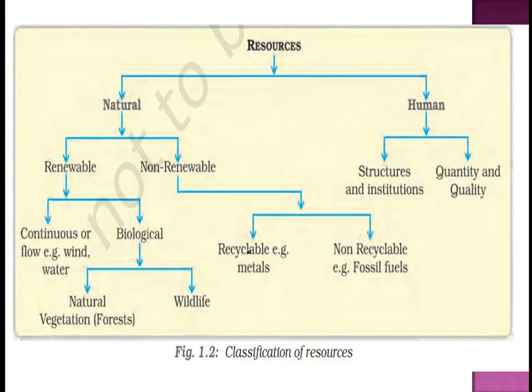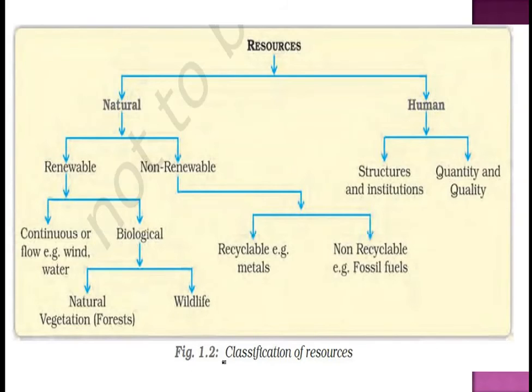Non-renewable, in that they are recyclable, example metals, they can be recycled. And non-recyclable, example fossil fuel, just like coal. If we use the coal, after that it's going to be finished, we cannot recycle it. They are non-recyclable. Here the metal, just iron, after the use, we can again reuse. It can be recyclable.